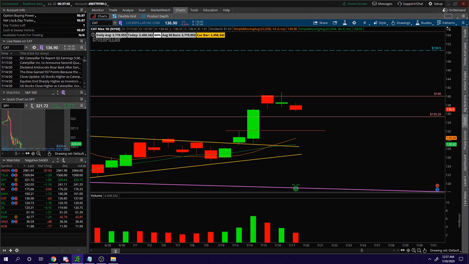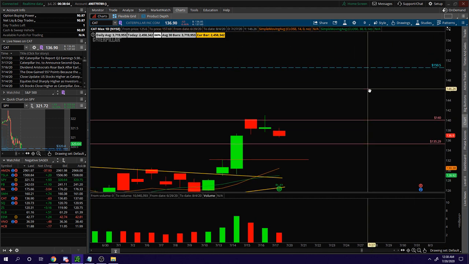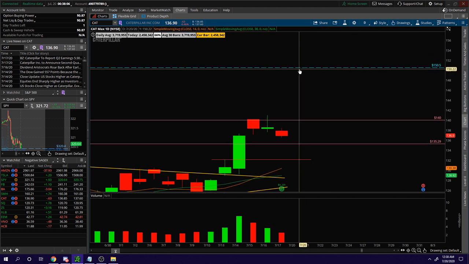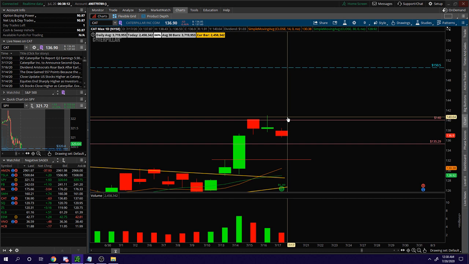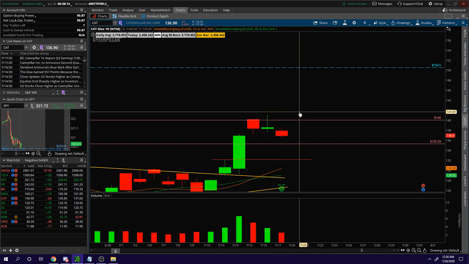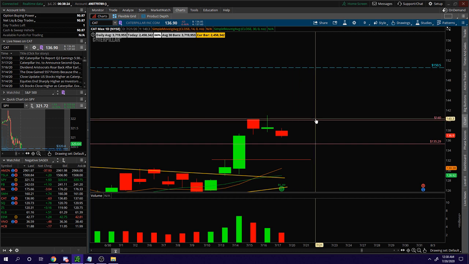the money. Like my Caterpillar play, if I somehow hit 147, 148 before earnings, the implied volatility before earnings is always at its maximum. Like the 1 or 2 days before the earnings report, implied volatility will be 250% sometimes, when it's normally 30 or 40%. So that's why you'll see, for example, Tesla, they report earnings in like a week or two.